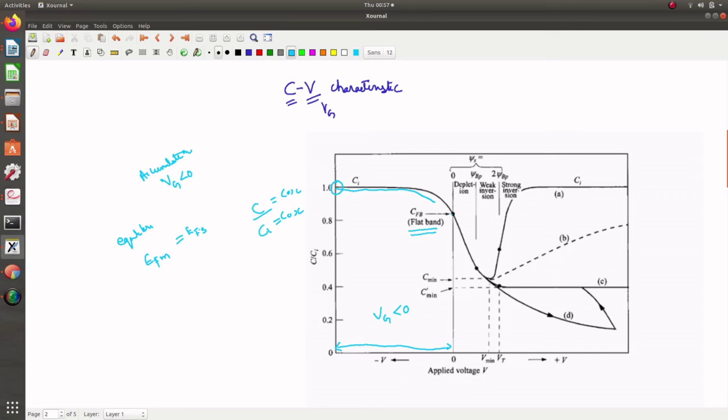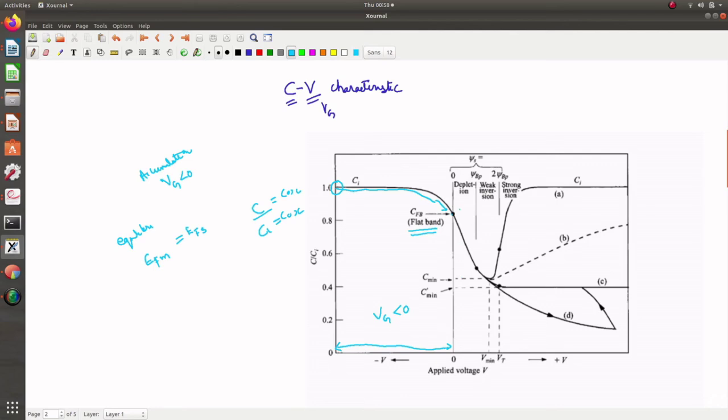There will be a slight variation before combining the metal, the oxide and the semiconductor. So there will be a small capacitance forming when they are joined, and that will be parallel to the oxide capacitance, and that causes this dip in the capacitance.